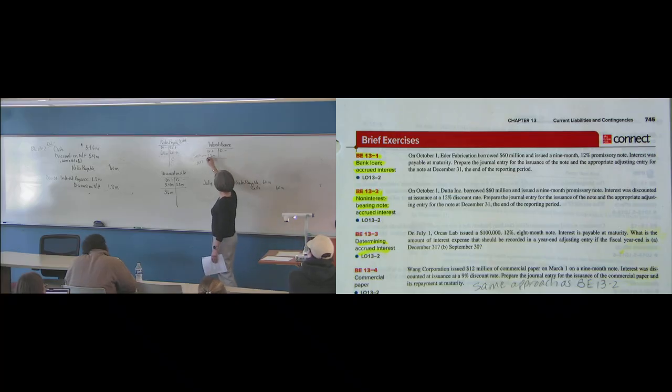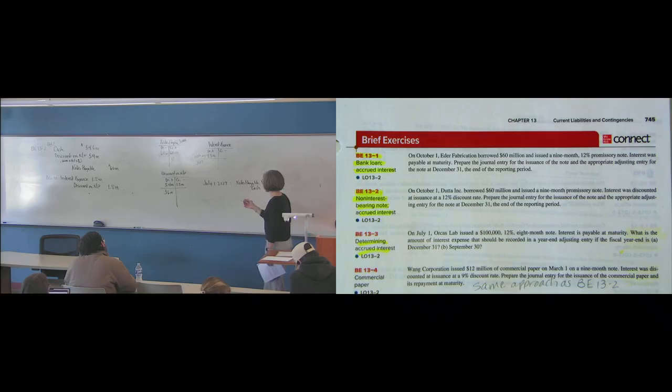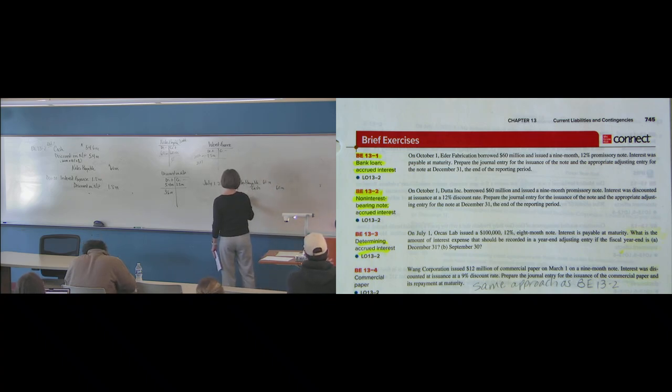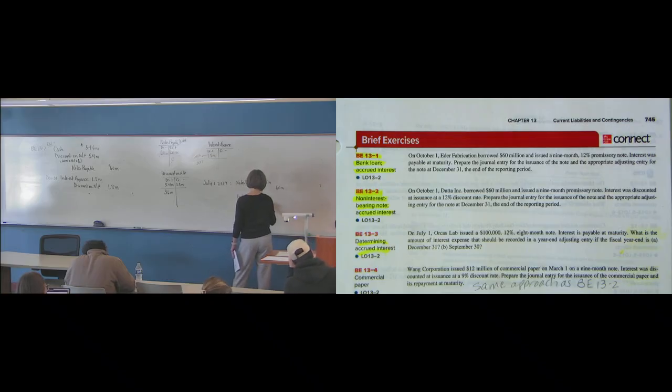This interest would have got closed out. It gets reported in 2026, right? The other half of this journal entry is me removing or transferring the remainder of the discount on notes payable account into the interest expense account. Again, the interest has already been paid, so we have no interest payable transactions here. Now I have a debit to interest expense and a credit to discount on notes payable for 3.6.